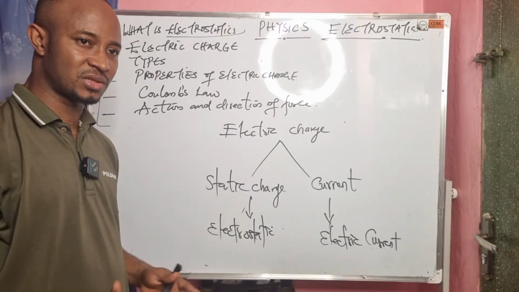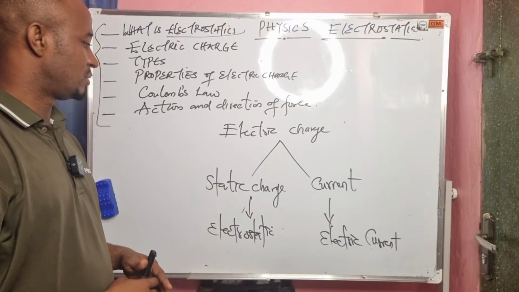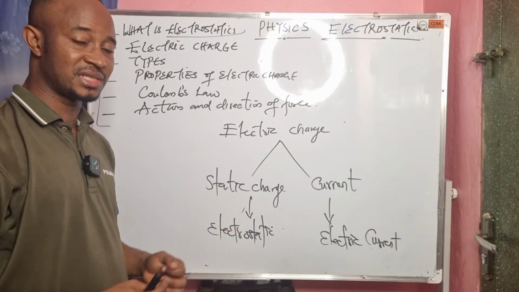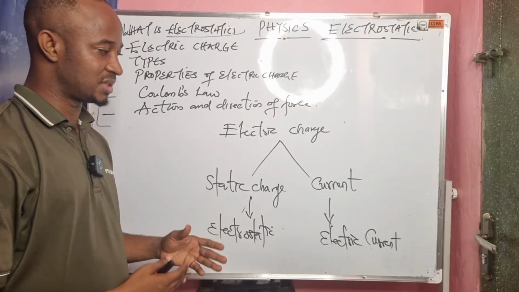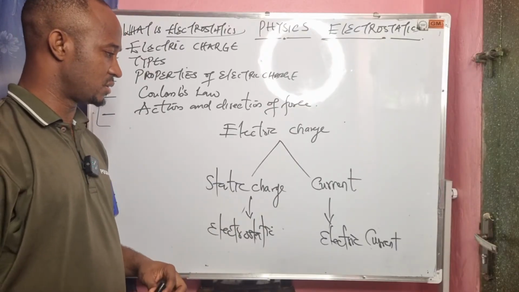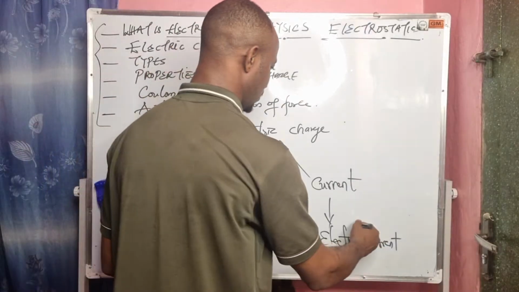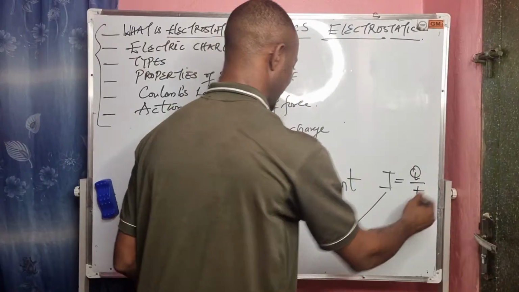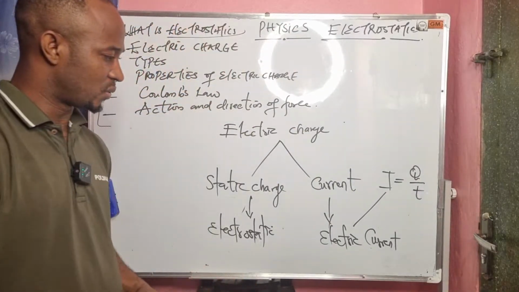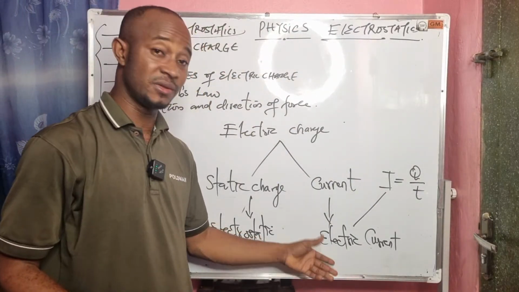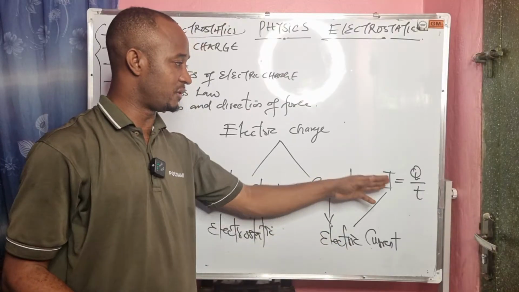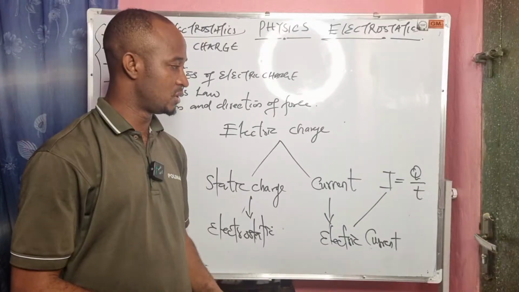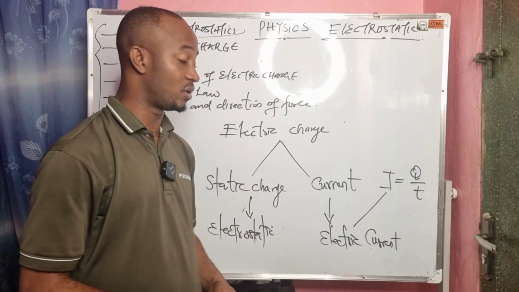So that means throughout this topic, we shall be looking at electrostatics, meaning charges at rest, not charges in motion. From electric current, we know that current is given as charge over time. If we are to define electric current, it means the flow of electric charge through a metallic conductor over a given period of time, or per unit time.